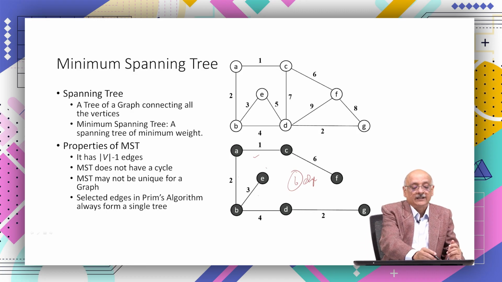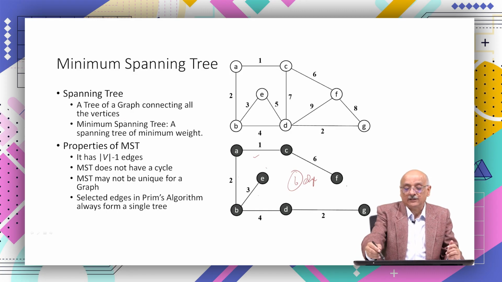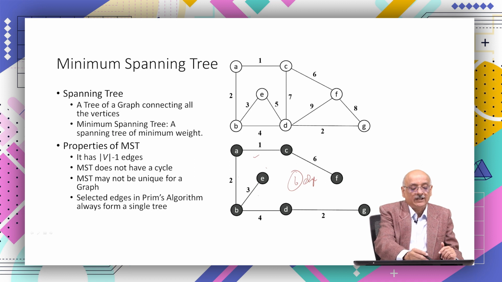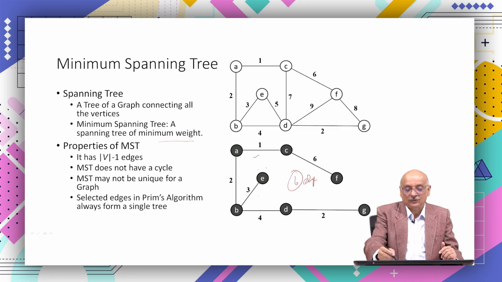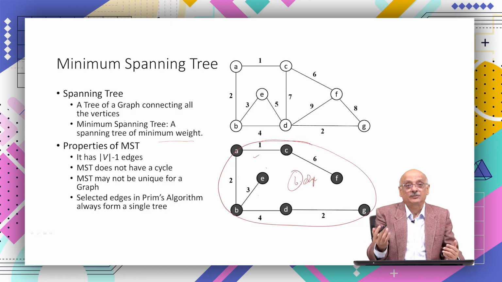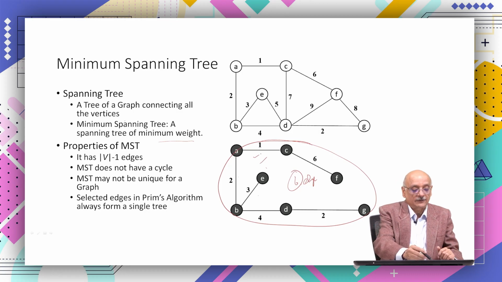Within the spanning tree, all 7 vertices should be connected. It's a tree, right? And a minimum spanning tree is basically a spanning tree consisting of those edges so that the overall weight of this particular tree is the minimum. We have stated this in the previous session also, just repeating it for this session.